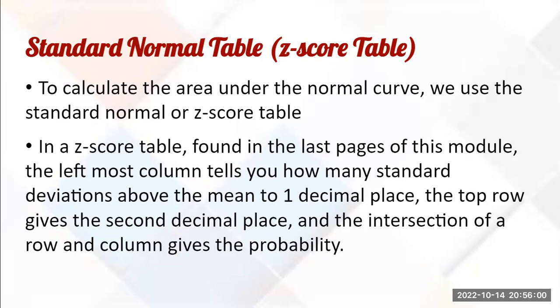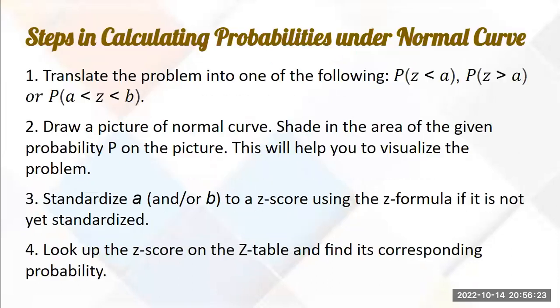For example, that's 1.25: 1.2 at the leftmost column, and then the 0.05, the second decimal place, you look for it in the top row. And then the intersection of the column and the row is the probability or the area.